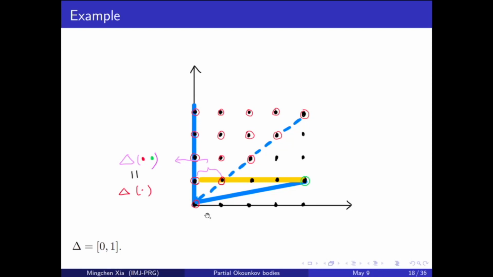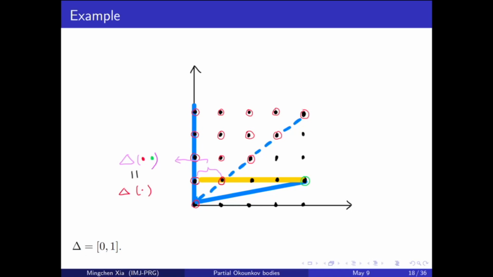Then it's very easy to prove that this is actually an almost semigroup, and the corresponding Okounkov body, if you follow the definition, you can show that it's given by this purple part instead of the yellow line. So you see that the Okounkov body of the almost semigroup gives you exactly the same Okounkov body as the red points. So that's what we want.